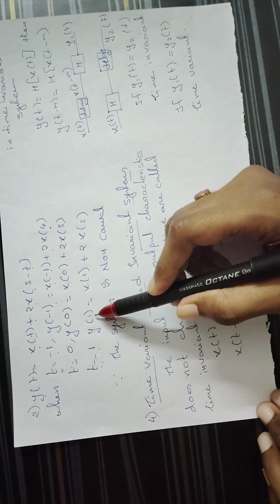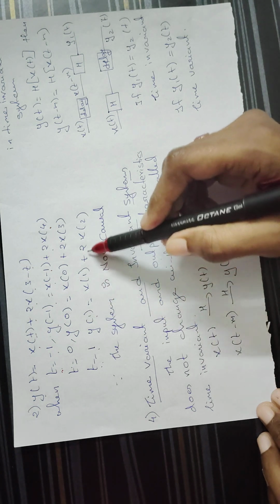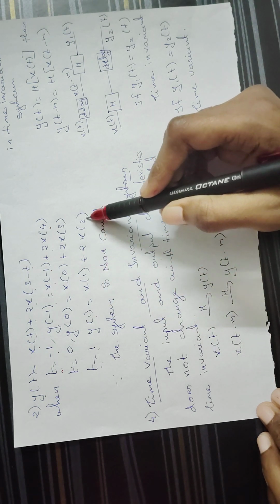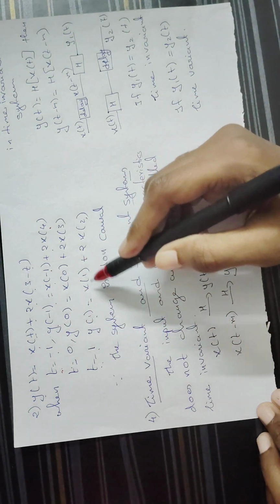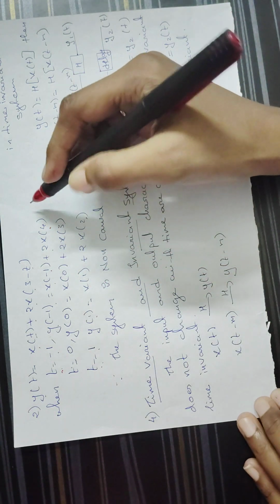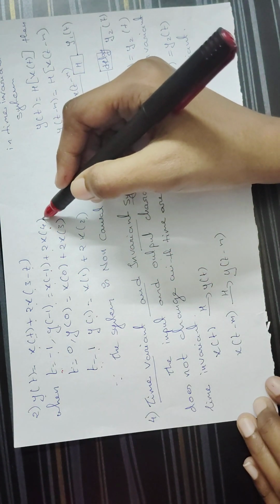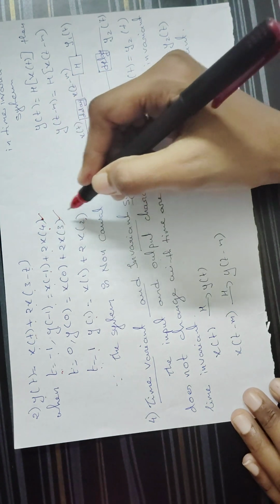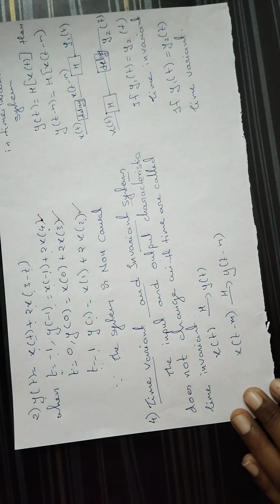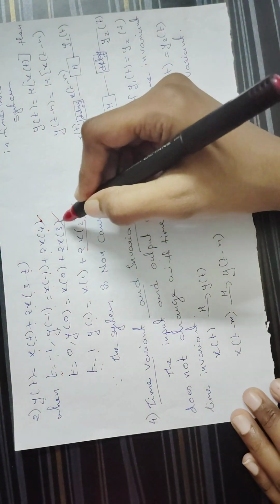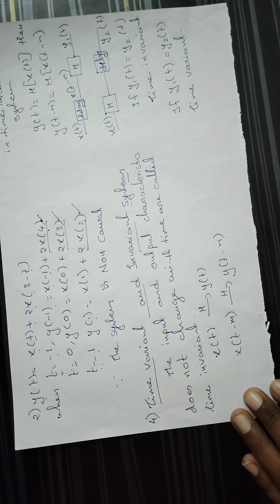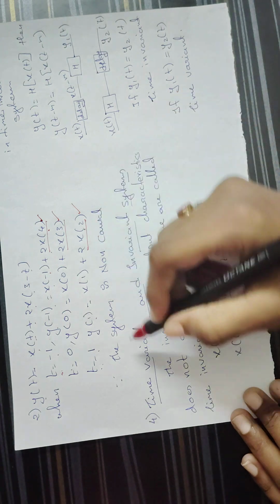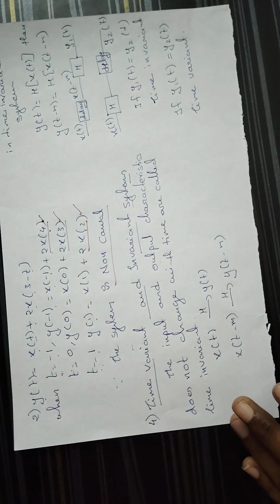Then y of 1 is equal to x of 1 plus 2 into x of 2. So if you are substituting, each depends on future values, right? So this is a future value. If it depends on future values, then the system is a non-causal system.